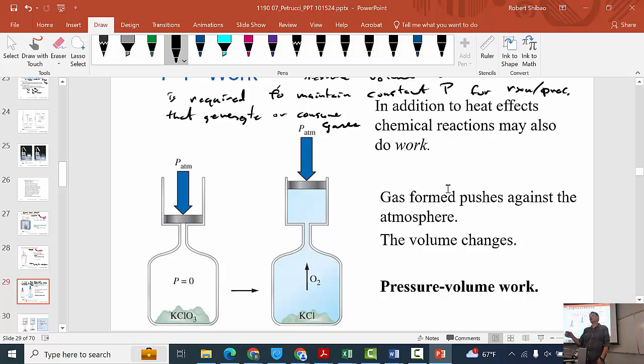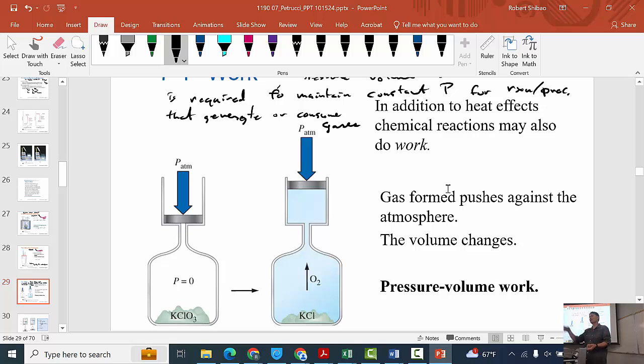So this is it. How much work we have to do to blow up a balloon depends on how deep under the ocean of air we are. Have you ever tried to blow up a balloon, like say 10 feet underwater? Would it be easier or harder or the same? It's going to be a lot harder, because under 10 feet of water, you're under 1.3 atmospheres or so. At sea level, it's going to be harder than at the top of the mountain. At the top of the mountain, it's easy.